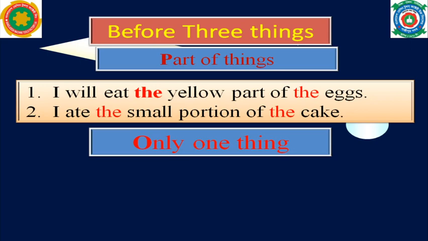That means here the egg and here the part, yellow part, right? The yellow part, not the whole part. When any part is mentioned, then we have to use the. Part of things, when anything refers to part of something, not the whole part, then you have to put the article before the thing.